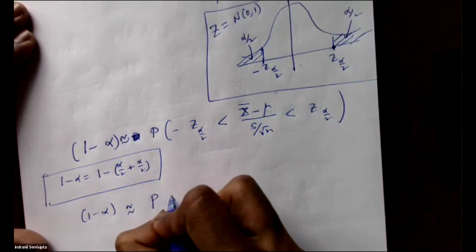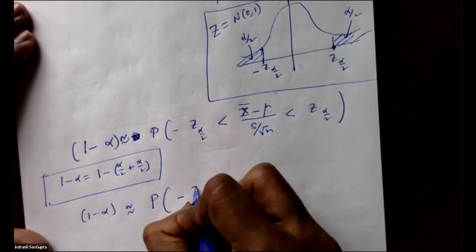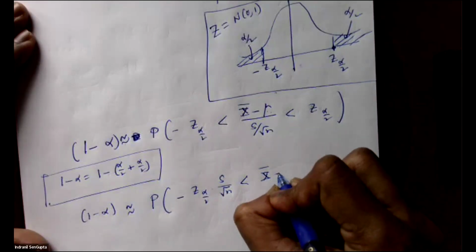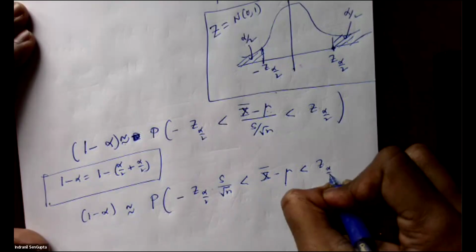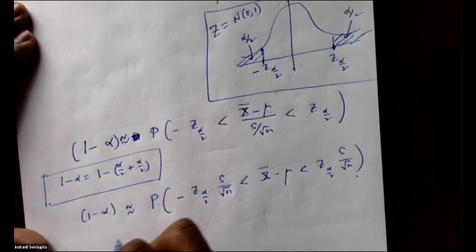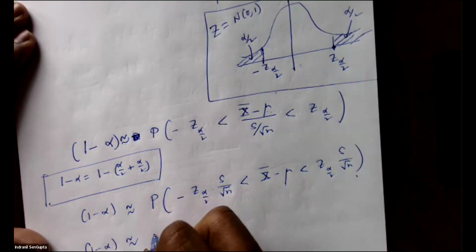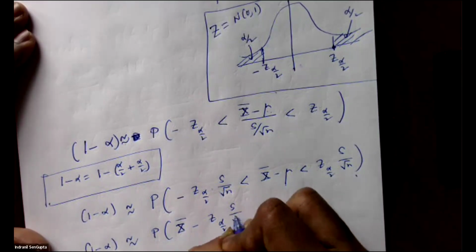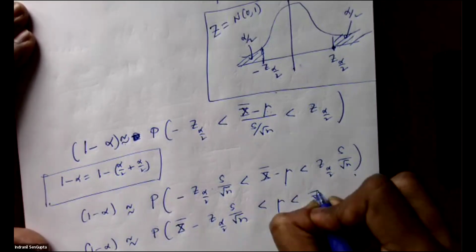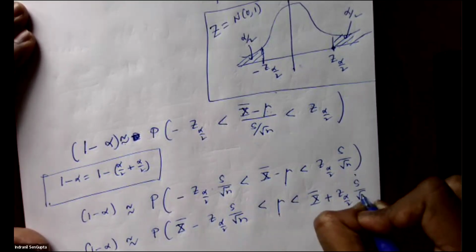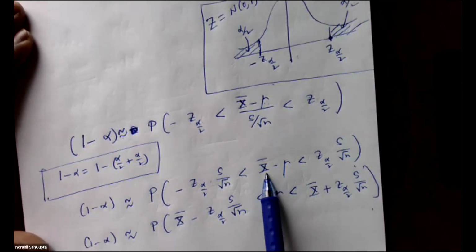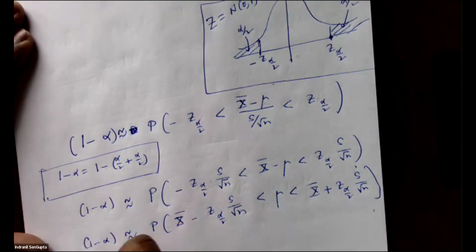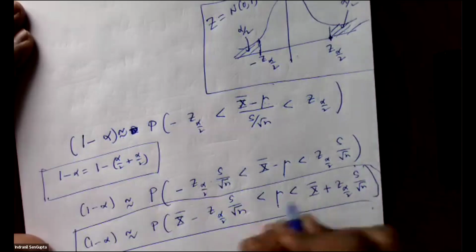Let's solve for mu. First, I'll multiply by S over square root of N, giving minus mu, so it's Z of alpha over 2 S over square root of N. And therefore, if I solve for mu, it becomes X bar minus Z alpha over 2 S over square root of N less than mu less than X bar plus Z alpha over 2 S over square root of N. Once again, first you move this X bar and then you multiply by minus 1, so the inequalities flip and you get this. Good. So approximately this is the confidence interval.